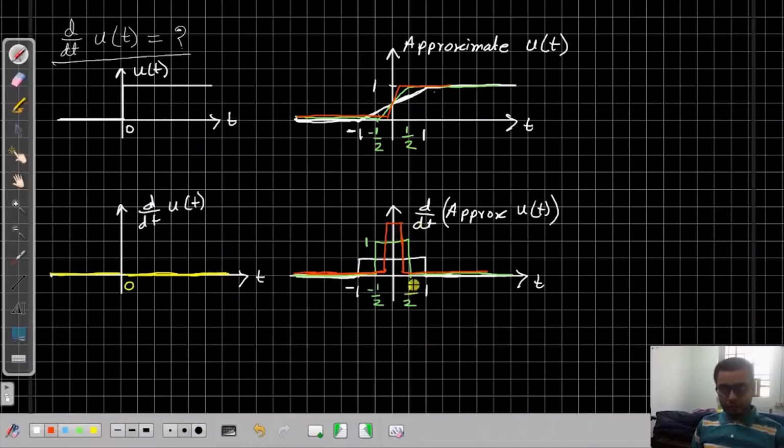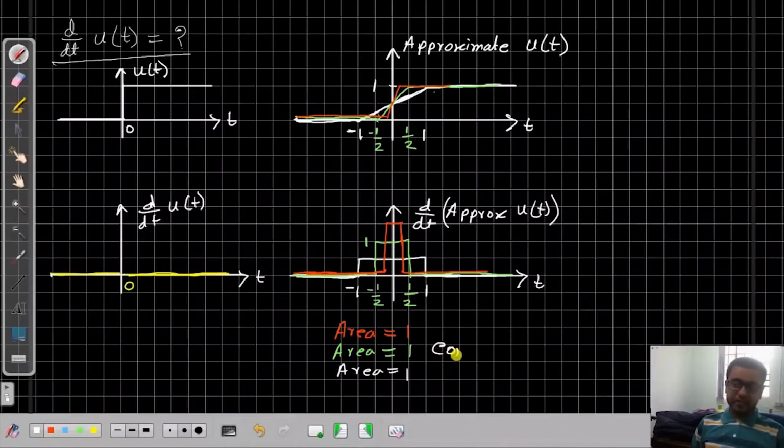Now I leave it to you to verify that the area under any of these curves is equal to 1. This red curve or this green curve or the white curve, which are approximations of this derivative, all have constant area under them. And if I keep doing better and better approximation, you shall realize that the result is going to be narrower and narrower, taller and taller.